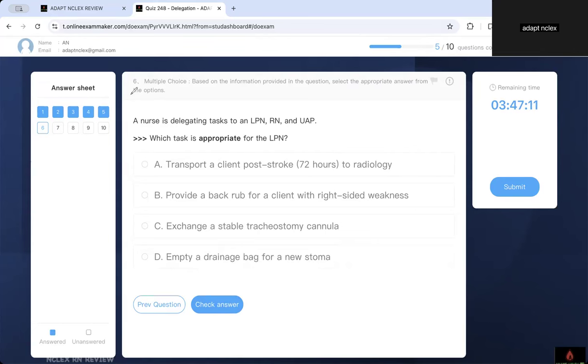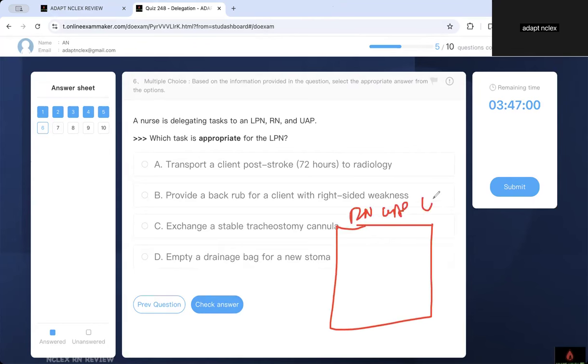This is what I've seen in my Q bank, that if you have 3 people, RN, a UAP, and an LPN, even though some of the work the UAP can do, the LPN can do, we stay in our lane. You don't cross over. That's the answer choice you pick.